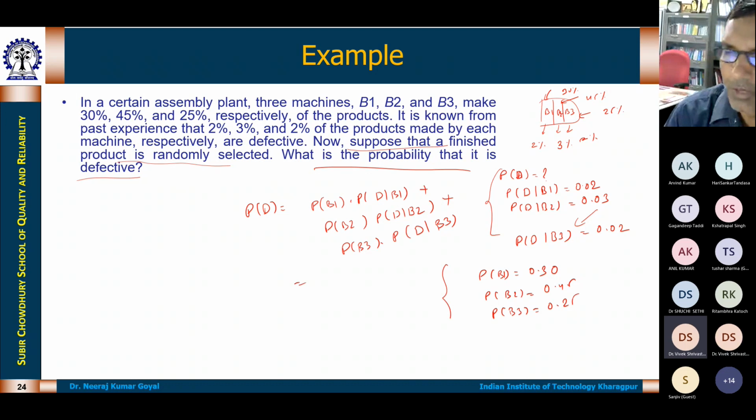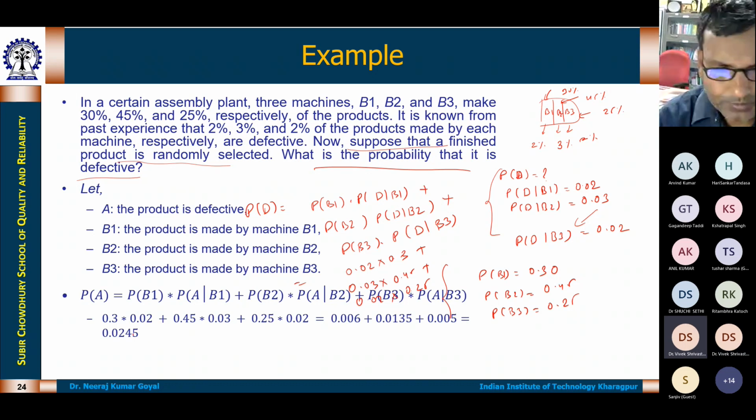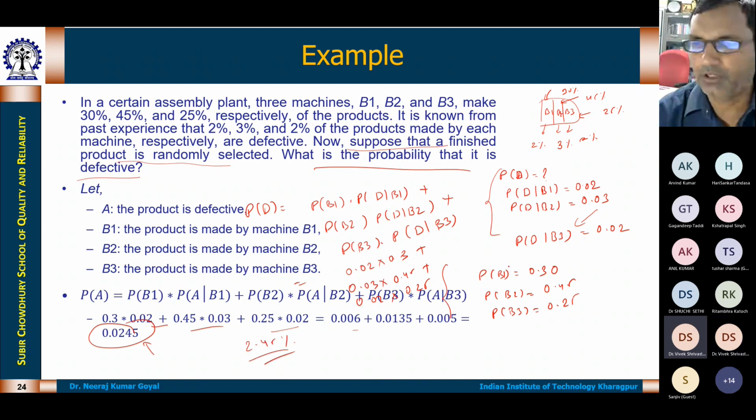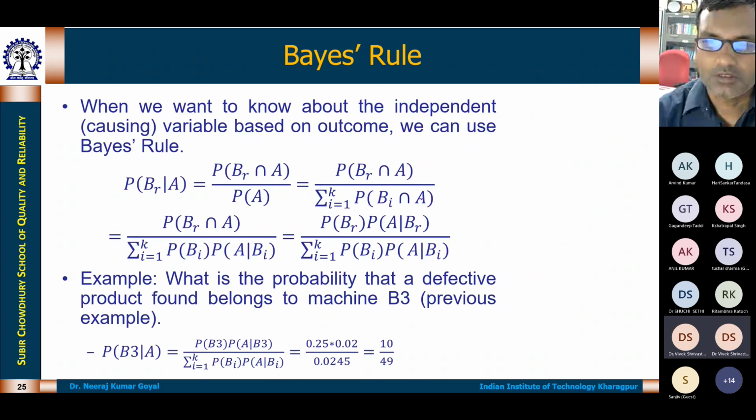So this will be 0.02 multiplied by 0.3, plus 0.03 multiplied by 0.45, plus 0.02 multiplied by 0.25. The same thing can be calculated here, and this gives around 2.45% defective production.